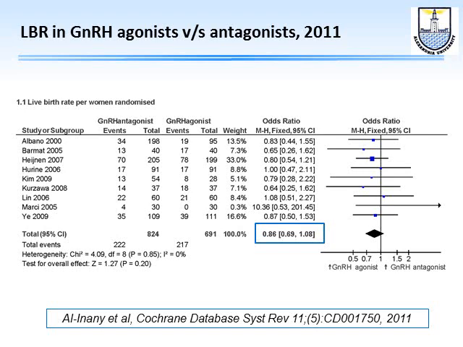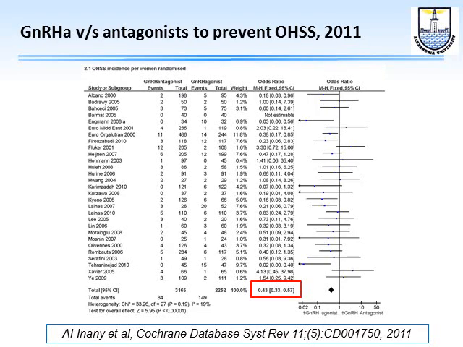So by that time, by 2011, things looked like this, and then most of the people today would tell you that the agonist protocols and the antagonist protocols have the same live birth rate, or are associated with the same live birth rate, as you can see from this Cochrane review. While of course the antagonist protocol keeps its advantage as the best one to diminish the ovarian hyperstimulation syndrome.